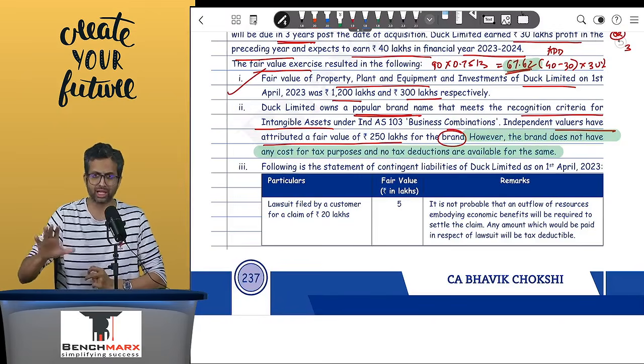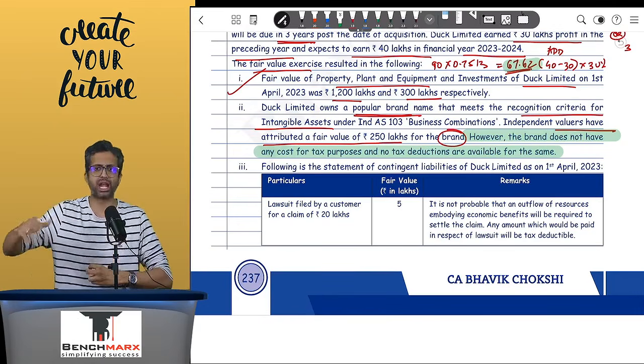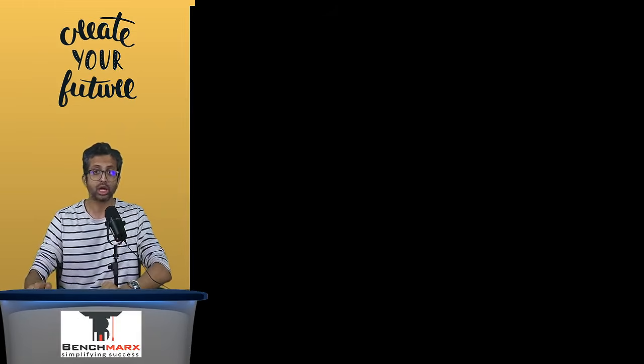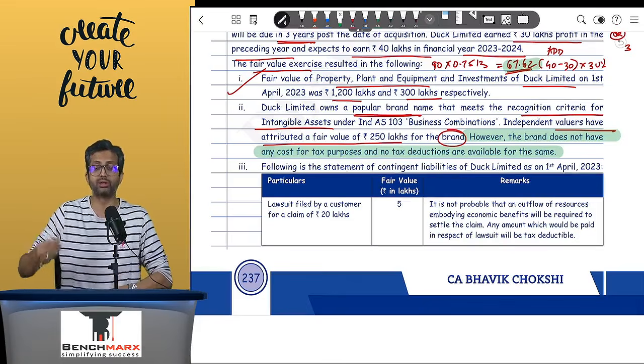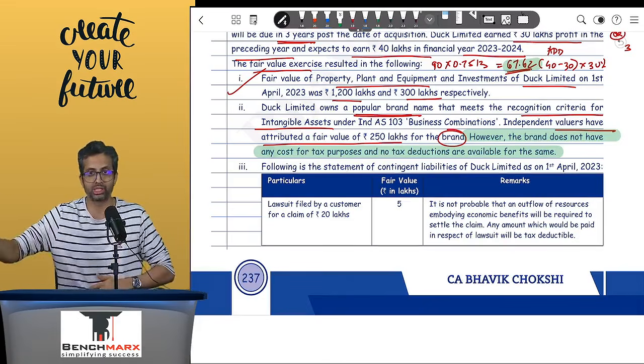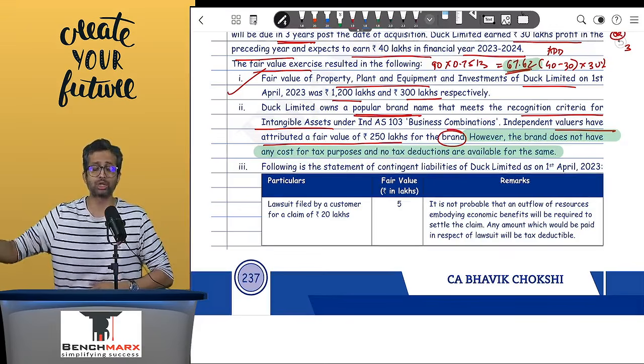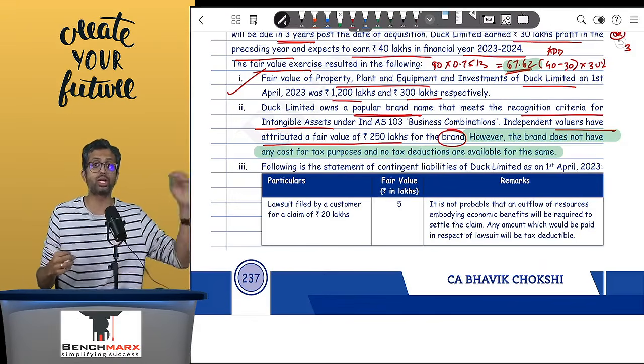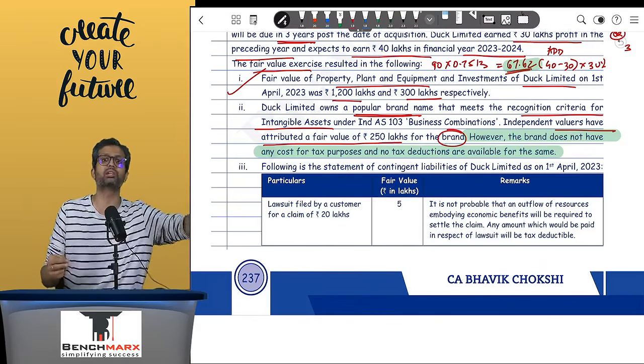It will not get a tax deduction. However, if this brand was separately sold for an X amount, will income tax charge me any income on that? Well, yes, it will definitely charge me tax on this. It is nowhere given that the proceeds from the brand are tax exempt. If it is sold separately, whether it had a tax asset or not, the question nowhere tells you that the brand will not have any income tax consequence.